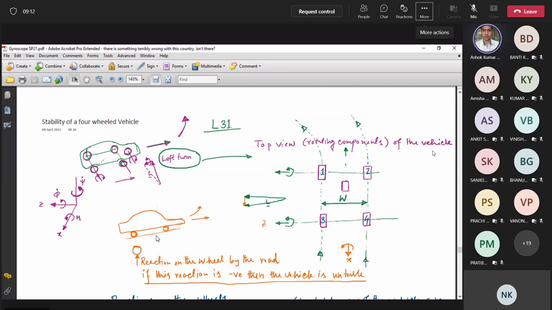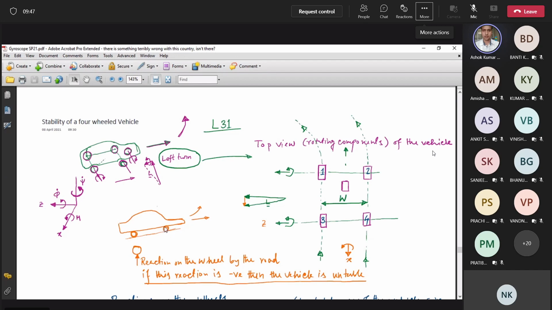The condition is about any wheel which is getting a reaction from the ground. Obviously there will be some reaction because of many forces, not only the weight but also when it is taking a turn, the centrifugal force, and the gyroscopic action. All those actions will be acting through these wheels to the ground. Due to that, a reaction is developed between the ground and the wheel.